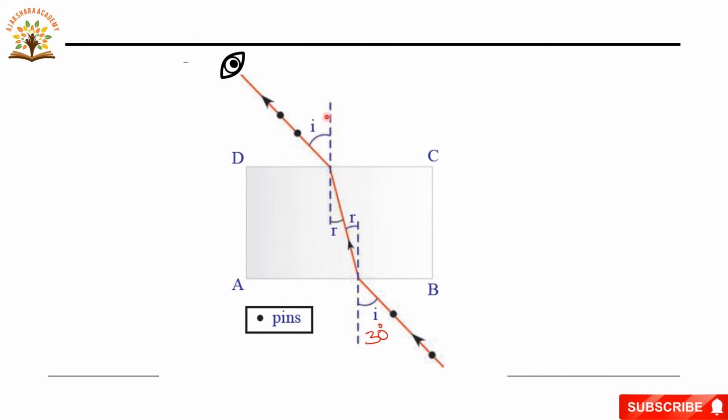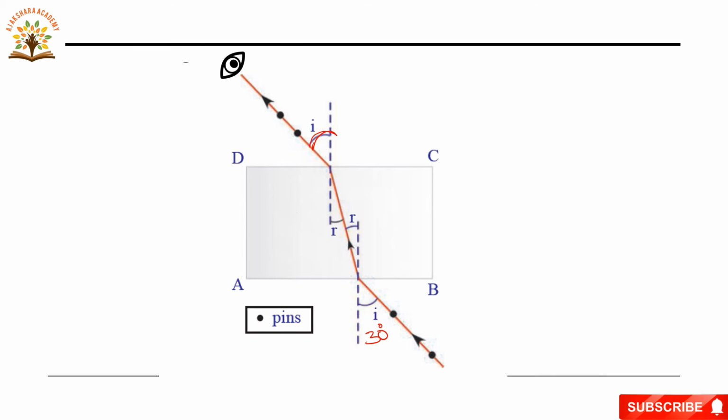Now here we are drawing the normal, that is a perpendicular line, and this is the emergent ray. The angle between the emergent ray and this normal is known as the angle of emergence. Here we are taking this also as I. So the angle of emergence and the angle of incidence are equal.